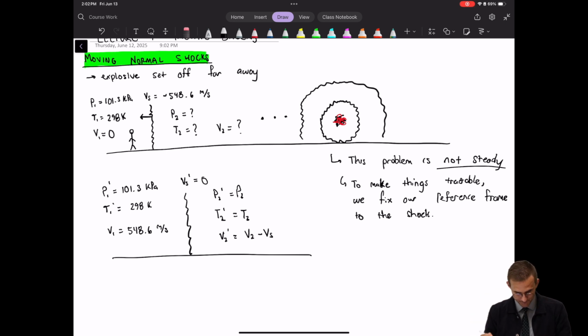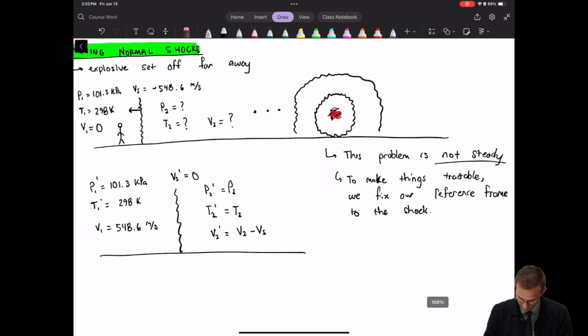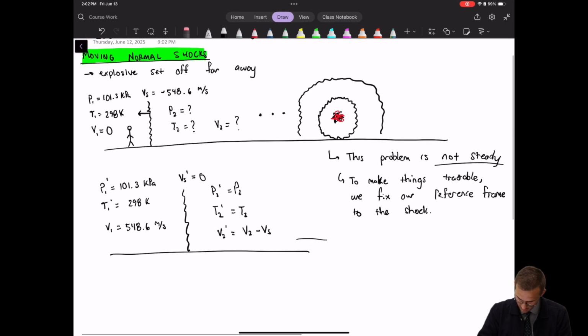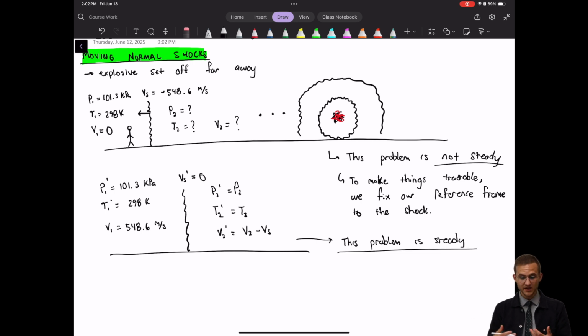Okay. Now, this problem here is steady. And because this problem is steady, we can apply all of the same sort of mathematics that we applied in the previous lecture to analyze normal shocks.